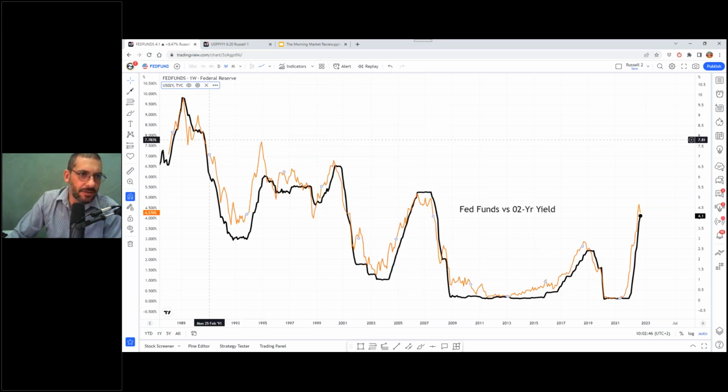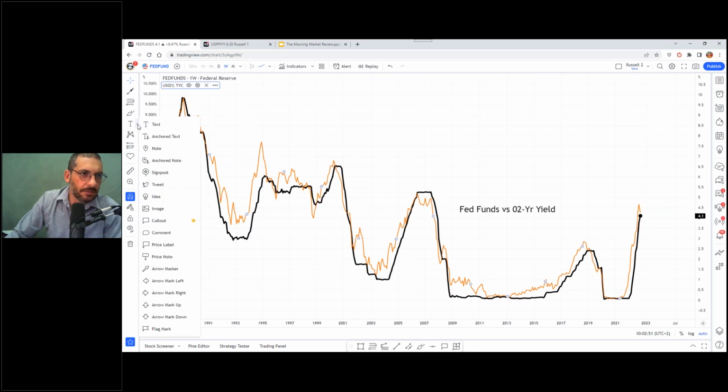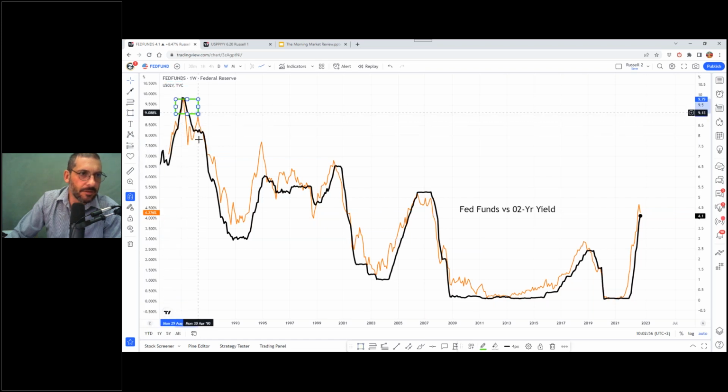All right, so you can see when the 2-year crosses below, cross below, cross below. That's really when the Fed funds rate is topping out, isn't it?